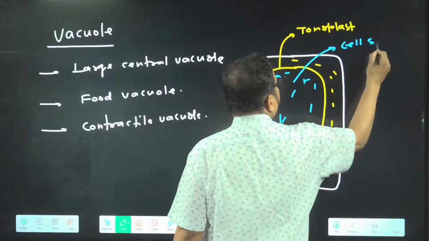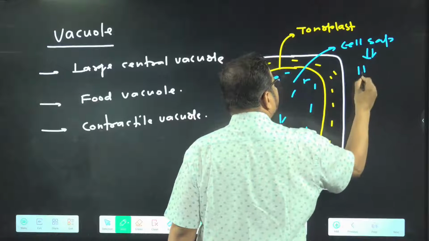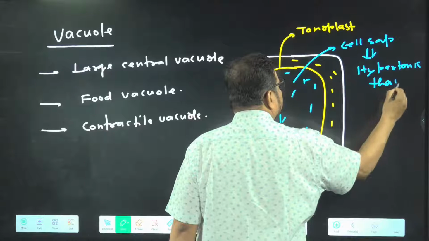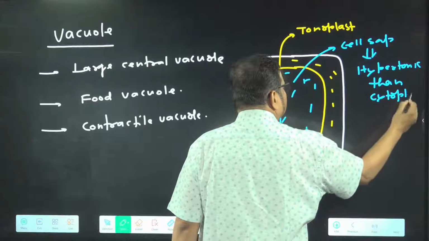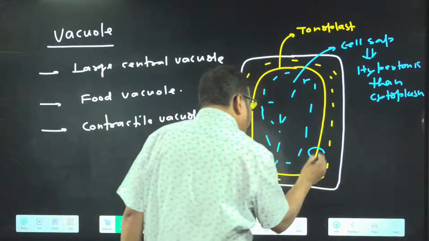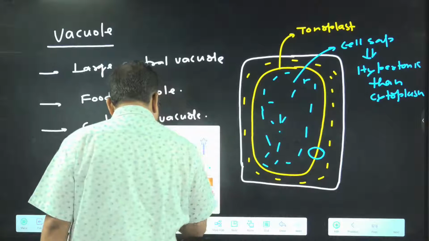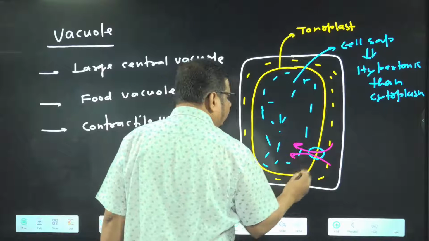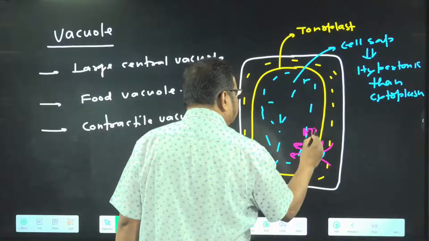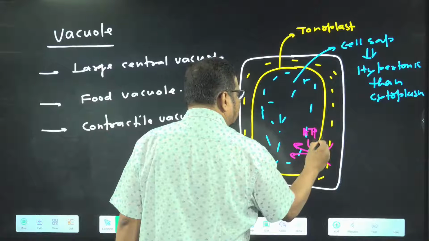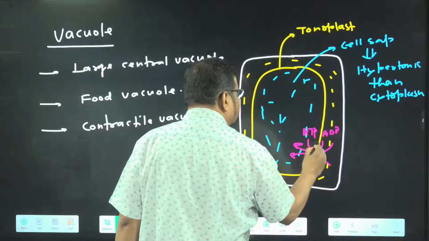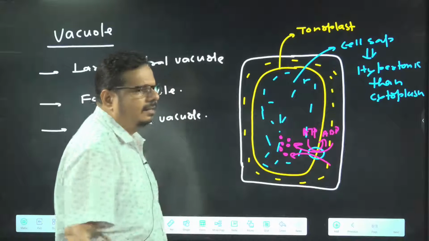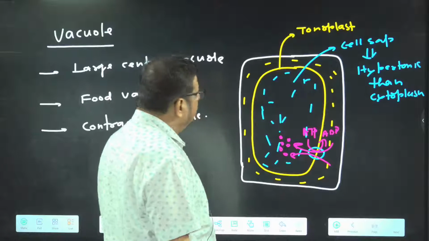This cell sap is hypertonic to the cytoplasm. How is it hypertonic? There is a pump protein present in the tonoplast, and through this pump protein many solutes are transported actively by expenditure of ATP. Getting the things or not?